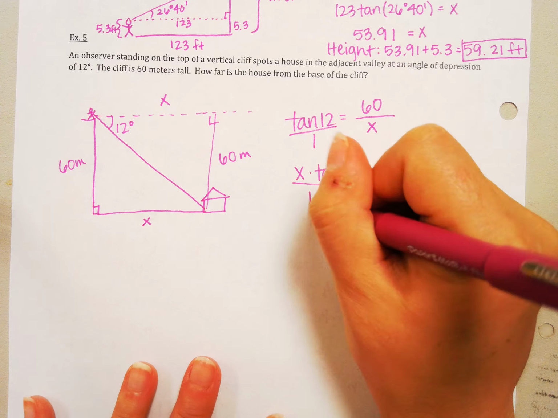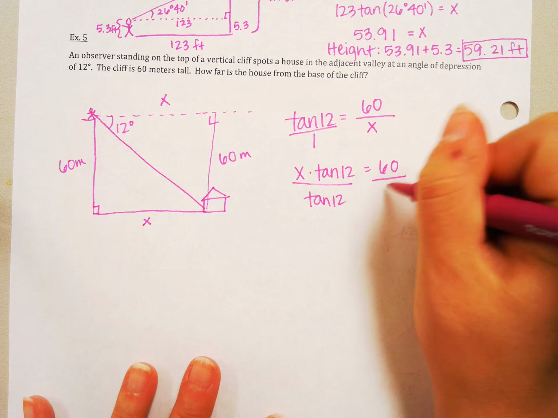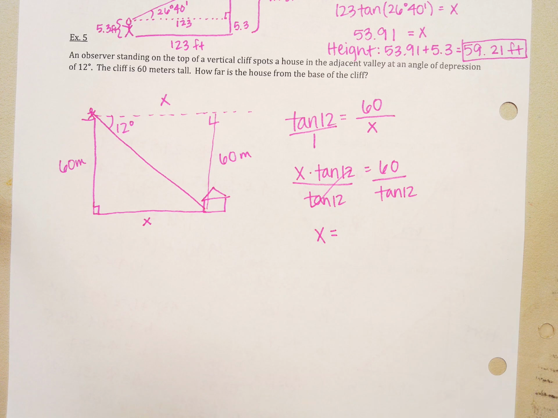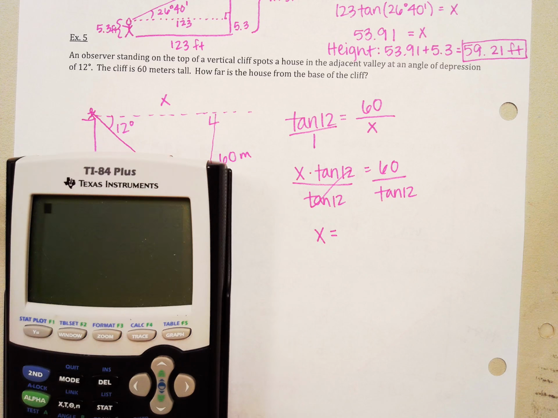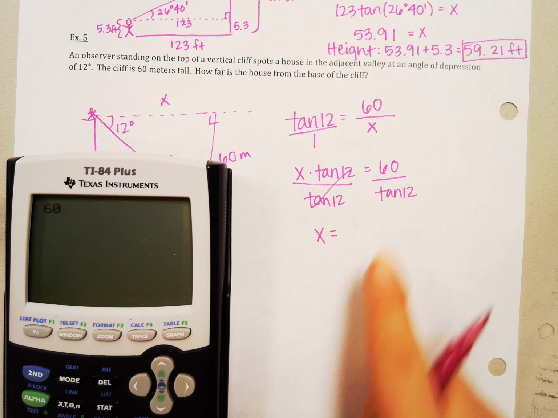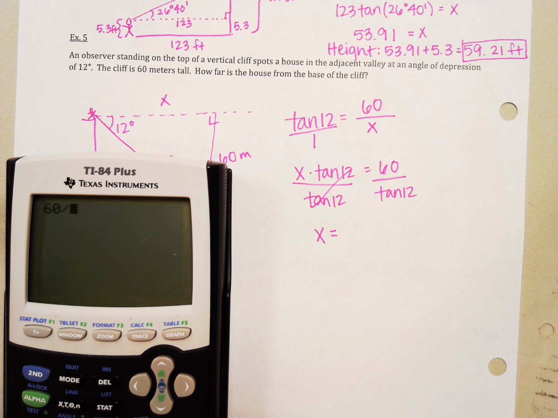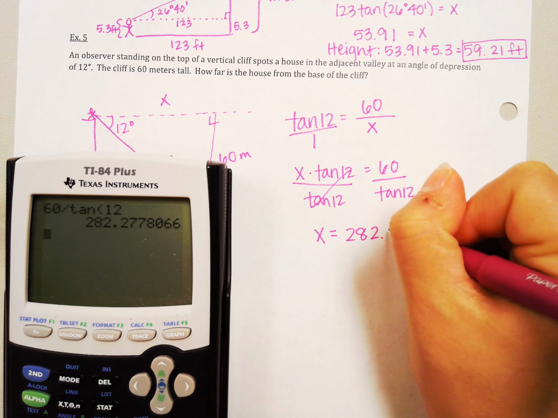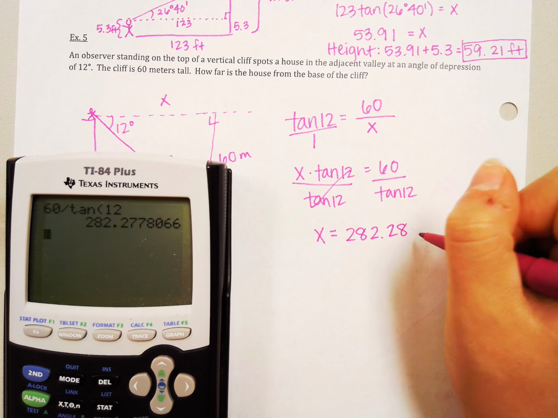And then we solve for x and we just divide by the tangent of 12. Remember, the tangent of an angle is just a ratio, it's just a number, so we're totally fine to divide by it. We can't divide by tangent of nothing, but we can divide by the tangent of some value because we know that's a ratio. And we get an answer of 282.28. And this is in meters.